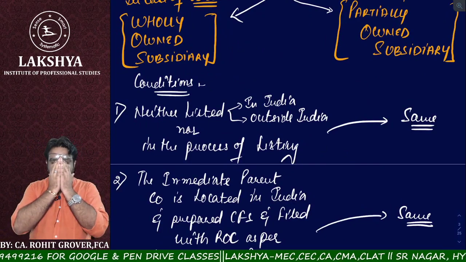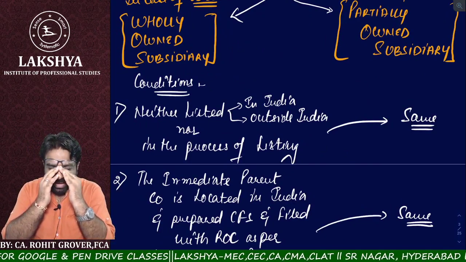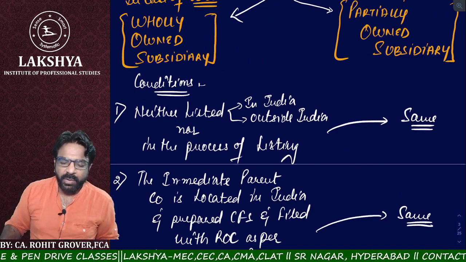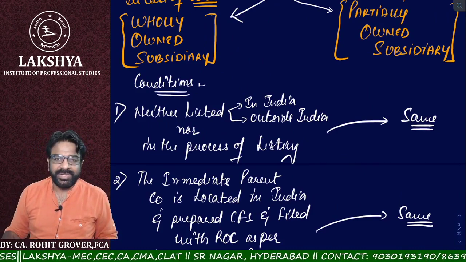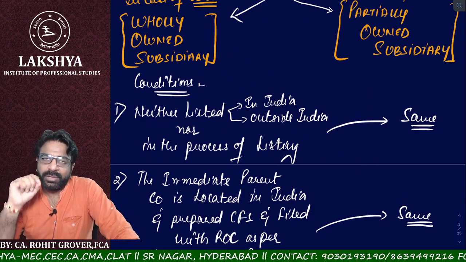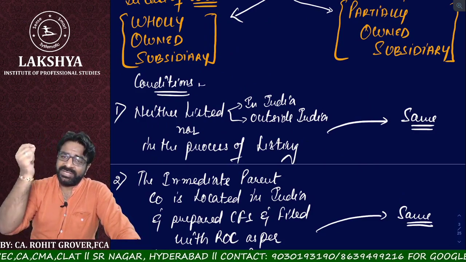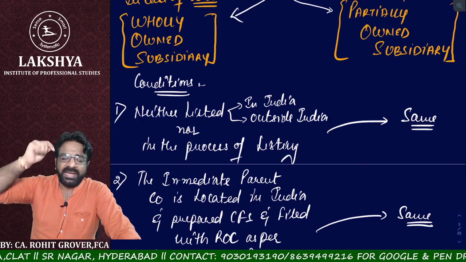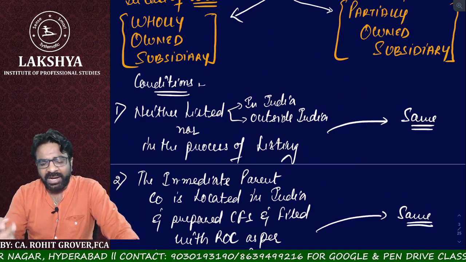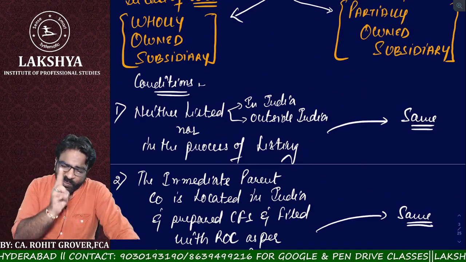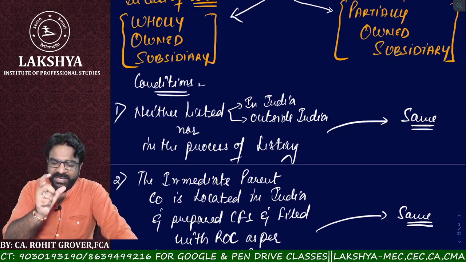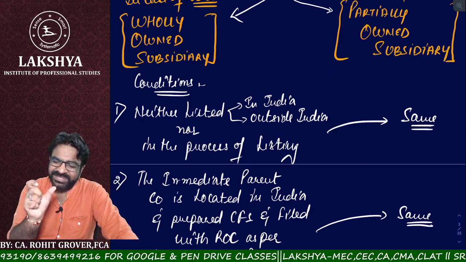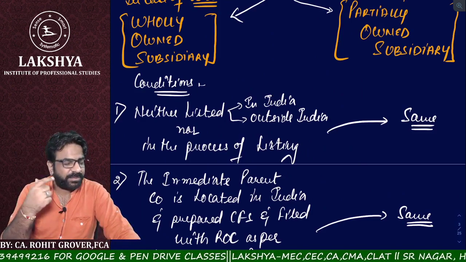You will get the exemption only when you are neither a listed company nor going for a listing of your securities, either in India or outside India. Either you are a partially owned subsidiary or a wholly owned subsidiary, in both cases, if condition number one is satisfied, you will get an exemption from the consolidation.